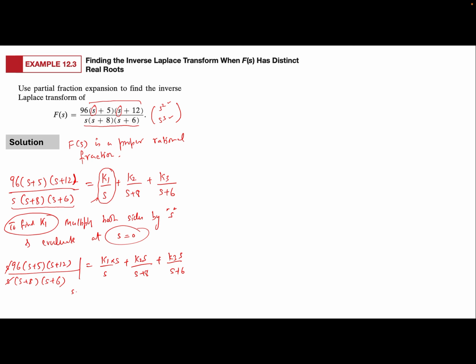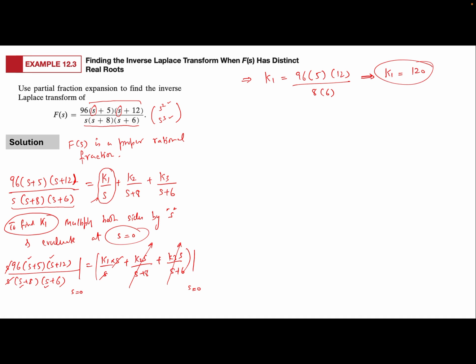I am going to evaluate both sides at s equals 0. If s is 0, this is going to be 0, this is going to be 0, and I replace s on the left hand side. So K1 is going to equal 96 times 5 times 12, because s is 0, over 8 times 6. So the value of K1 comes out to be 120.